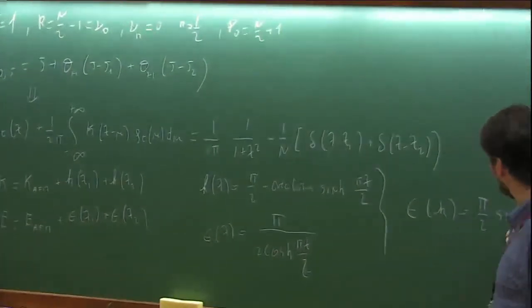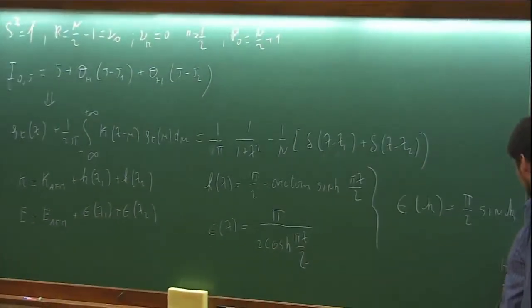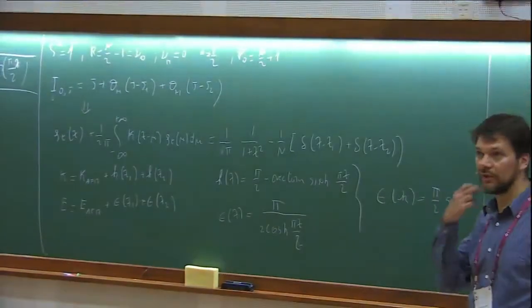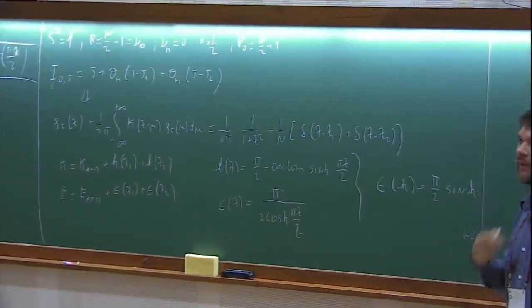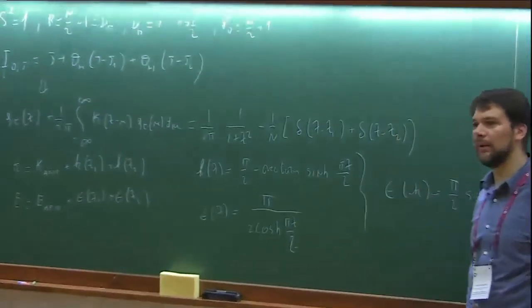So here you see that while the magnon had a dispersion 1 minus cos k, which was quadratic for small momenta, this instead is an excitation with a linear dispersion relation, which is the typical one that you expect for a gapless system, a quantum gapless system.